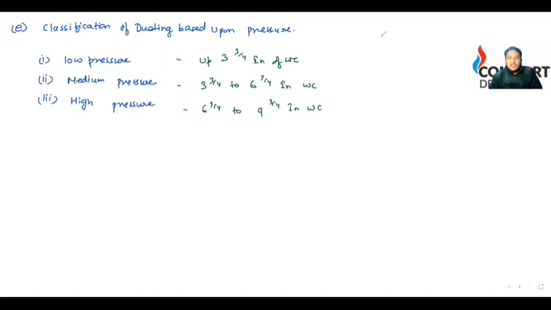Generally this low pressure one is used for comfort air conditioning, and these two are used for industrial air conditioning.